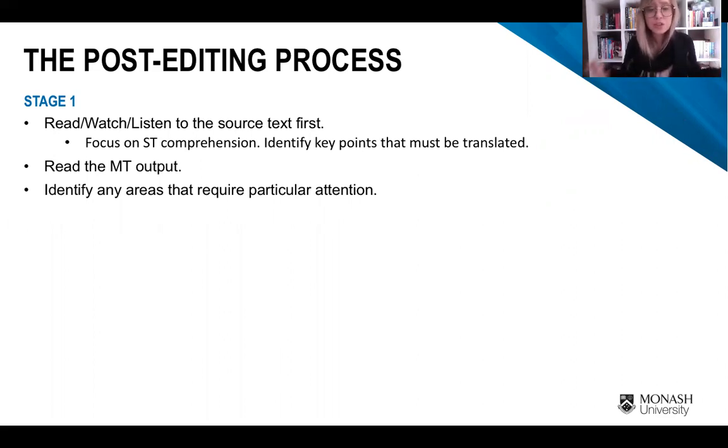And in the longer texts, you might even want to note down any points that you're unsure about, anything at all. Following your source text reading, you want to read that machine translated output and identify any areas, if any, that require particular attention. Whether these are in the form of awkward syntax, terminology issues, or just a general mismatch between the source text and the translation.